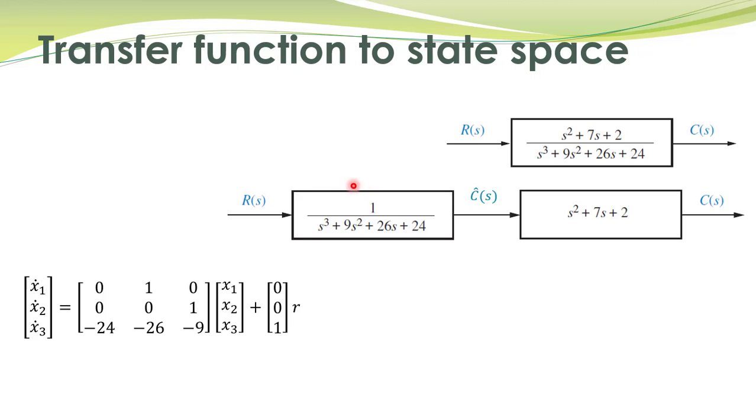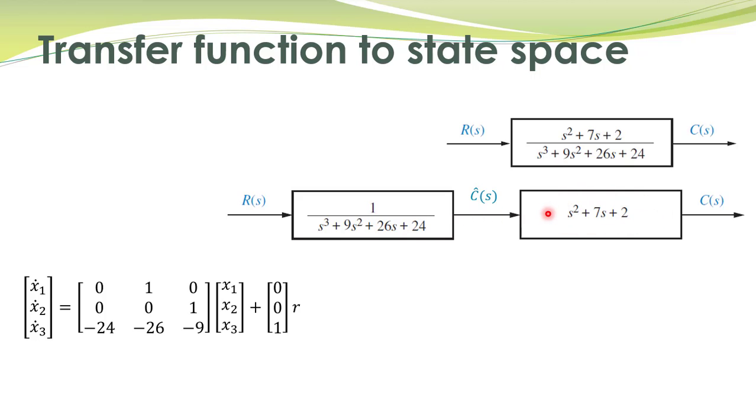Basically, we have already done it on the previous slide. The only difference is that over there it was, I think, 24, and here it is 1. So that is why in the input matrix on the previous slide it was 24, and here it is 1. So for this part, obtaining the state space representation is simple.